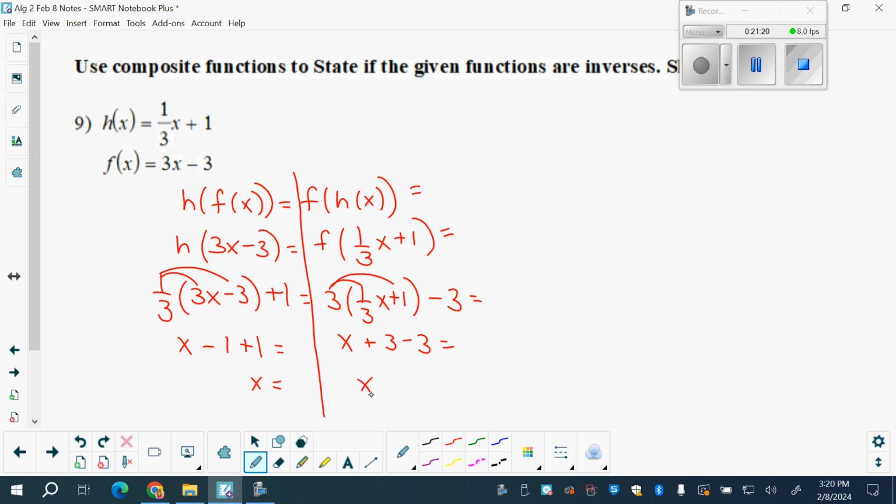And so we got x on both of them, so that is a yes. We want to get an x there. That means that the two functions undo each other because they are inverses. That's what happens when they are inverses. So if you don't get x on both sides, or a true statement, the same thing on both sides, then it is a no. That's it.